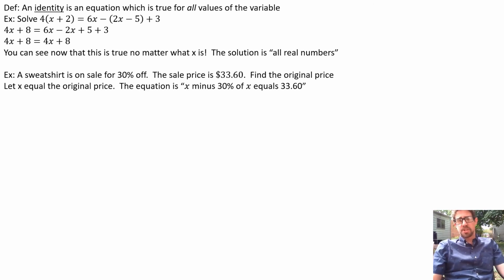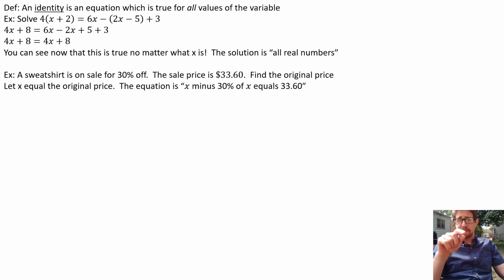So first we declare a variable. X is the original price of the sweatshirt. You could call it S for sweatshirt, call it whatever you want. So just to write it out, you'd say x minus 30% of x equals $33.60. So I already said 30% of x is 0.3x.